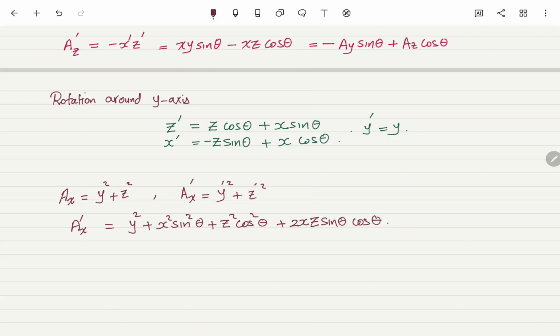And from this we can see that ax prime does not transform in the same manner as x prime, and we can stop right here. No need to go further to find ay prime and az prime. Now rotations around the z-axis, this part is similar to the previous one and the components do not satisfy the vector transformation. You can double check that.